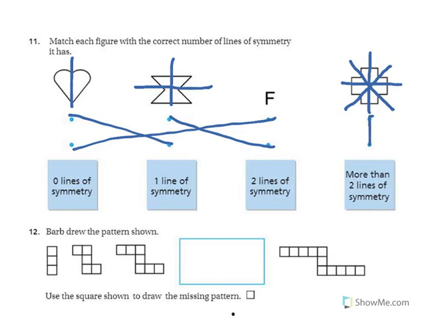Number 12. Barb drew the pattern shown. Use the square shown to draw the missing pattern. We can look at figure 1 and we see that it has 1, 2, 3 blocks vertically. That's figure 1.